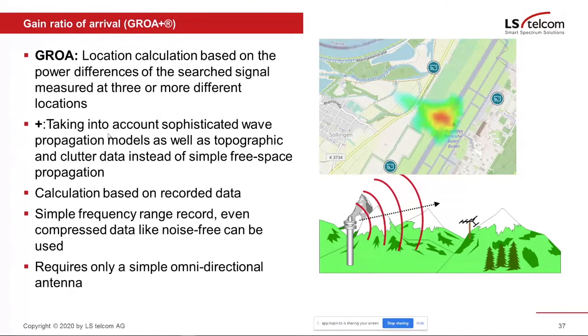With GRA plus, you also only need an omnidirectional antenna, so no direction finding antenna. You can also do this based on recorded data, and for this you simply need power values. You can also do it based on noise-free data, which you can store up to 2 years in the monitoring unit of LS Observer, or you back it up permanently.